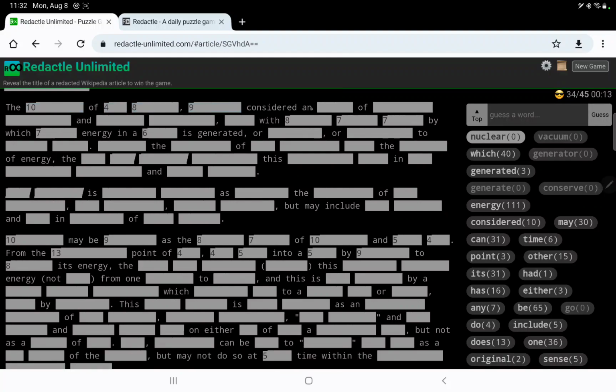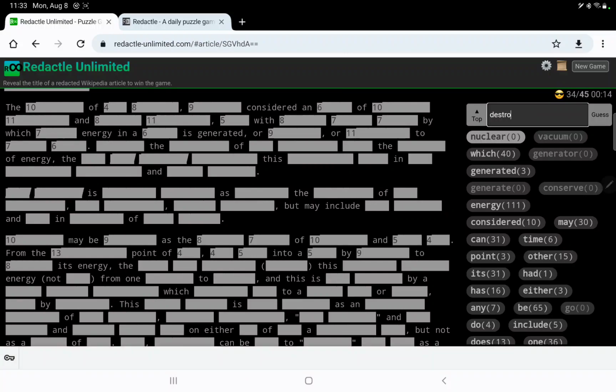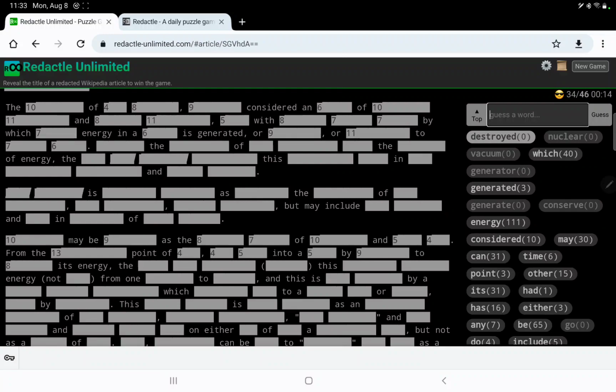The 10 of 4, 8, 9 considered, and 6 of 10, 11 and 8, 11, comma. 6 with 8, 7, 7, by which is generated R9, R11, 2, 7, 6. Not destroyed. No, generated are expended. No, are 11.